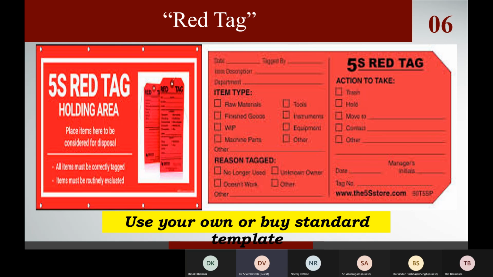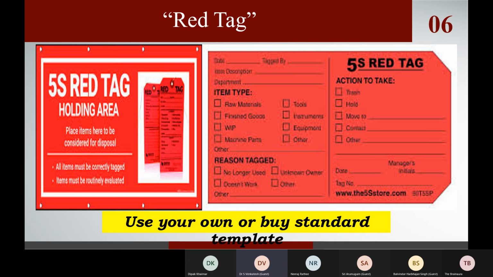And another thing, after you tag, what you have to do is have a red tag register. This is very critical, so that the items don't get lost, or just sit without moving. The register could be as simple as a few columns where you put the date, item, the red tag area or red tag number, and what decision has been made for each of those items.